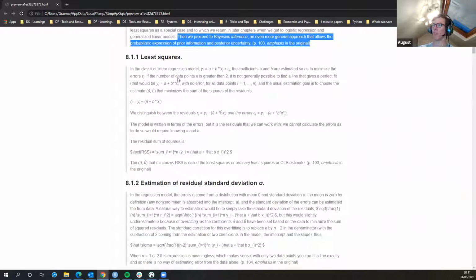So least squares. An ordinary least squares model is basically an intercept plus a slope, which is multiplied by the value of x, plus the error terms. So coefficients a and b are used here. If the number of data points n is greater than 2, it's not generally possible to find a line that gives a perfect fit.